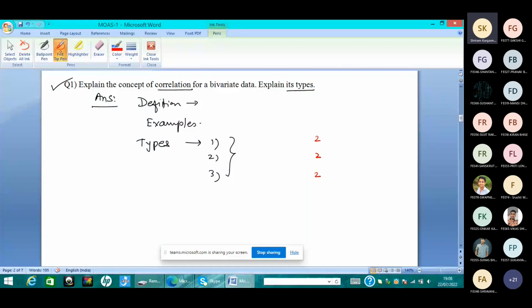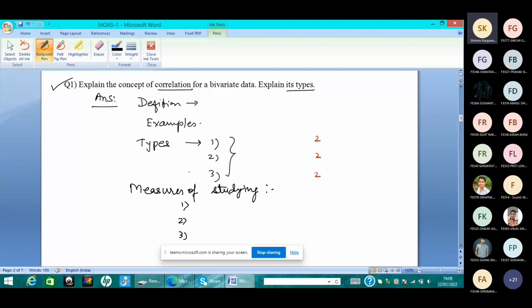If you want to write further, it is not asked here, but you can write the measures of correlation, various measures of studying the correlation. If it is not asked but you write these, there are 3 points only, short points, it will make a really good impact on the evaluator's mind, or you will also be satisfied.